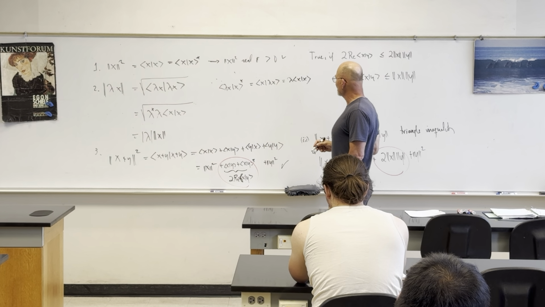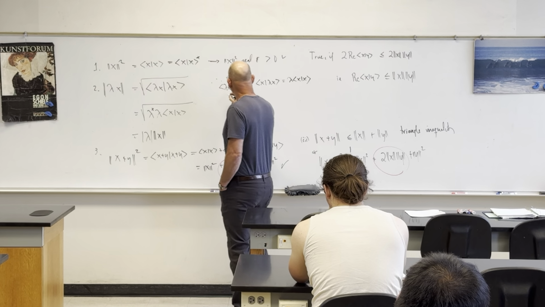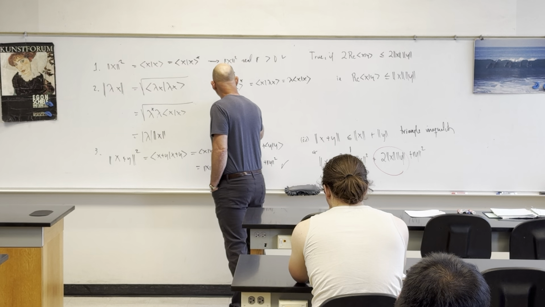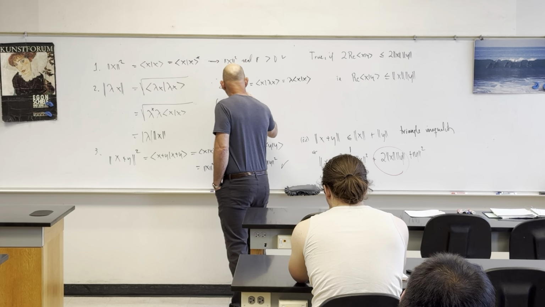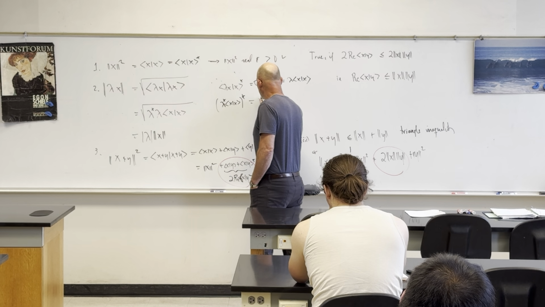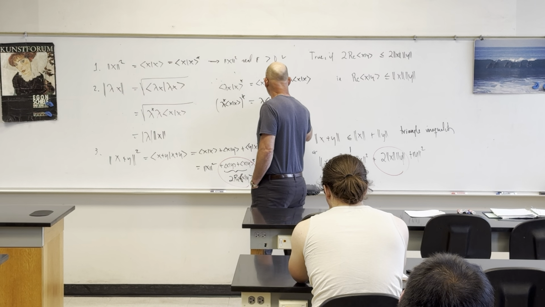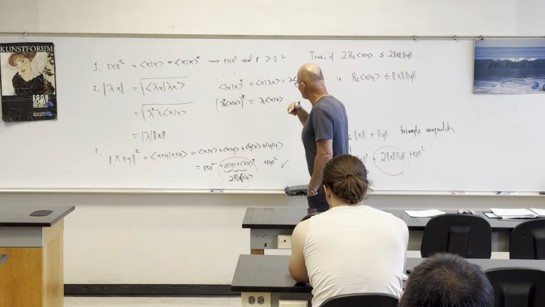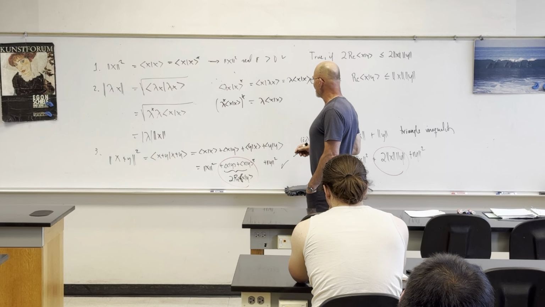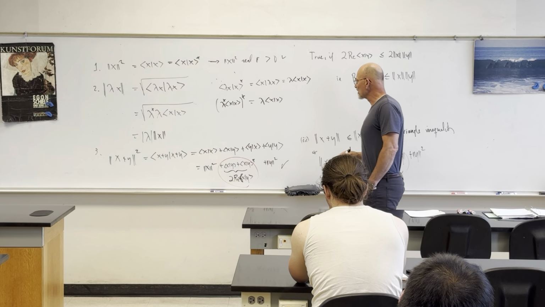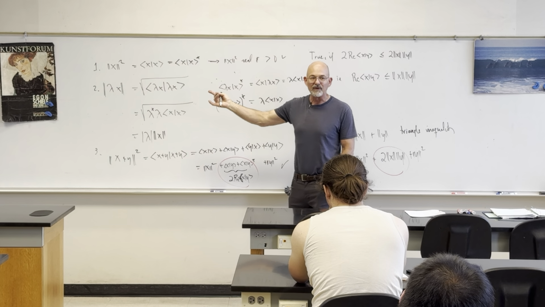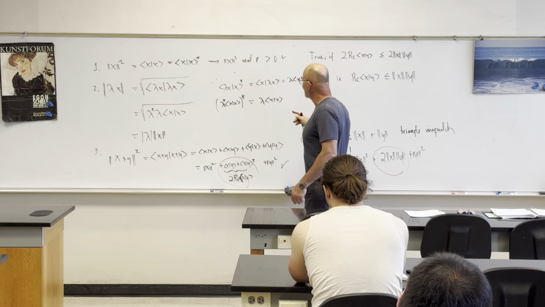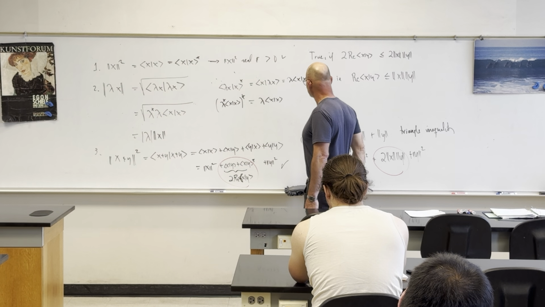That means if you pull this one out as lambda star x star, you get lambda x. So it comes from the linearity in the second term and the fact that when you complex conjugate the whole thing, you reverse the order.